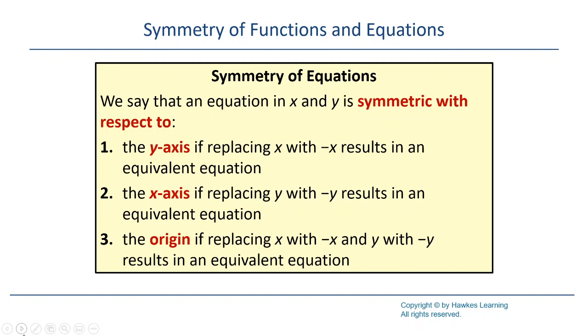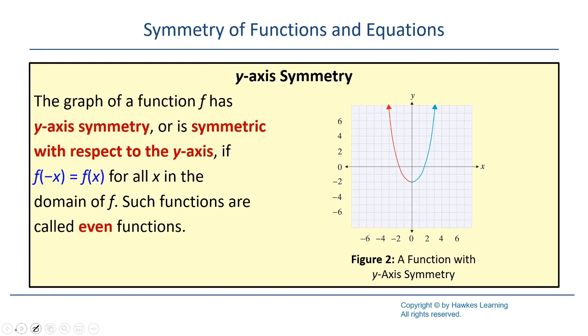So there's 3 different types of symmetry. Y-axis symmetry is you replace x with -x and you get the same thing. That was the even function.